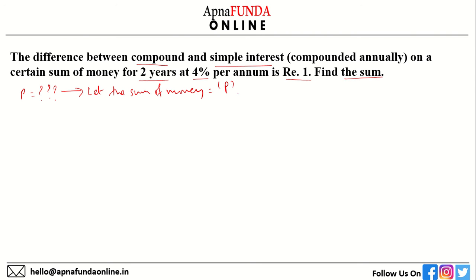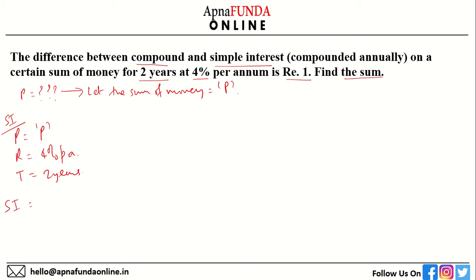Okay. Now let's go step by step. Let's solve for simple interest. We have assumed the principal to be P, correct? The rate of interest given is 4% per annum. The time period is 2 years, correct? Now let's calculate the simple interest.